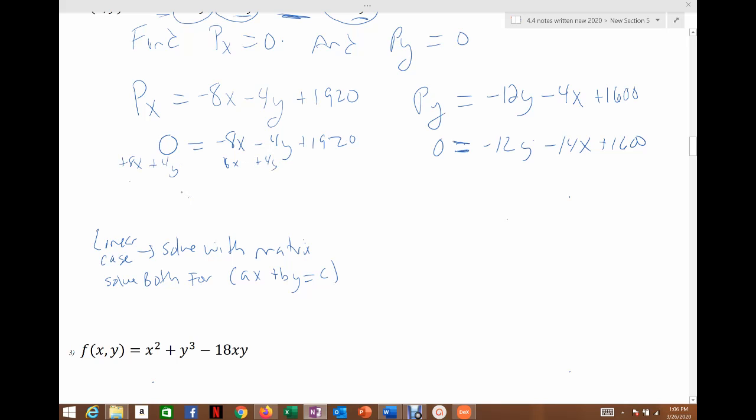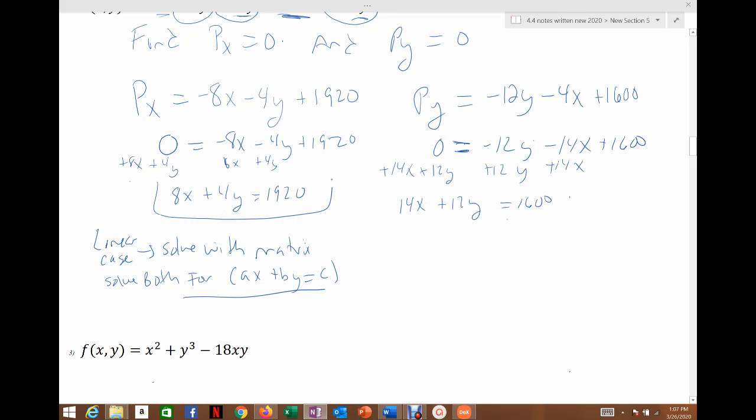So this one simplifies to 8x plus 4y equals 1920, in standard form. And then the same thing over here, adding my 4x and adding my 12y to the other side. So this one simplifies to 4x plus 12y equals 1600.